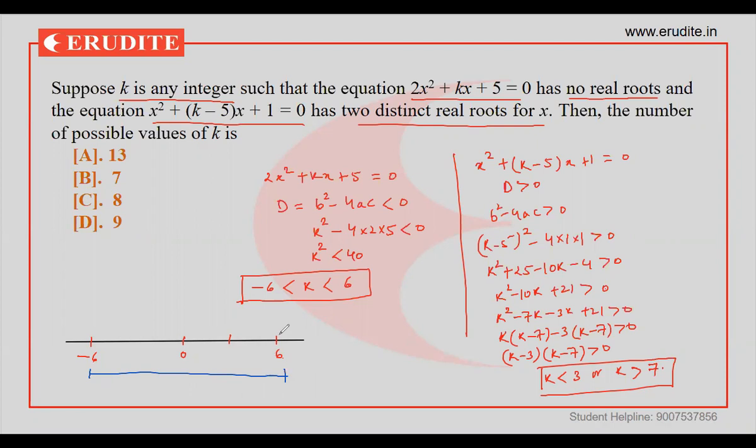The second one is saying that the value should be less than 3. So that means on the left hand side of 3. And another is saying that our value is greater than 7. That means this value. So guys, here you can see that this area is going to be satisfied. Here it will be equal to as well, right?